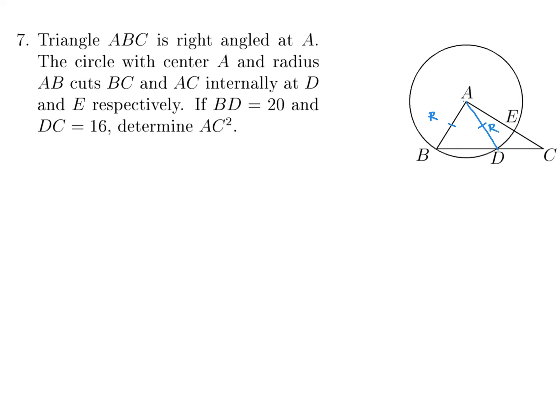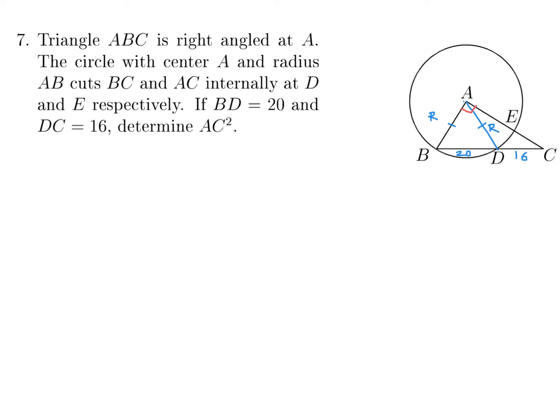Okay, BD they told me was 20, all right? DC they told me was 16. Okay, all right, here we go. The question also told me that it's a right angle at A. So this is a right angle right there. All right.